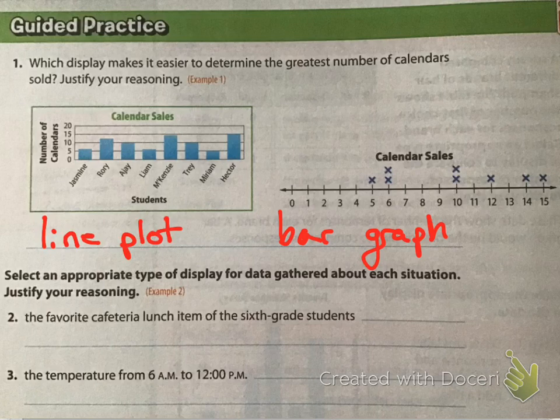Exactly, they don't, because one of our items is of 6th grade students. Perfect. That's a number, not just because it's 6th, but because there's a number of 6th grade students. But then the next one is favorite lunch item. That's not a number. So right there, we automatically are going to be knocking out the histograms and we're going to be knocking out our line plot because that doesn't work.